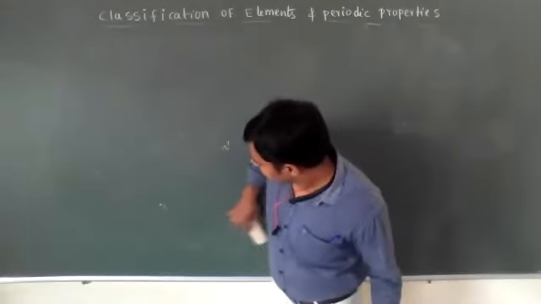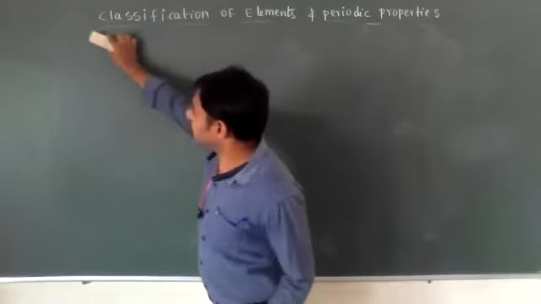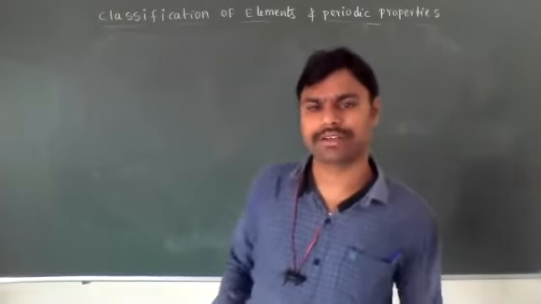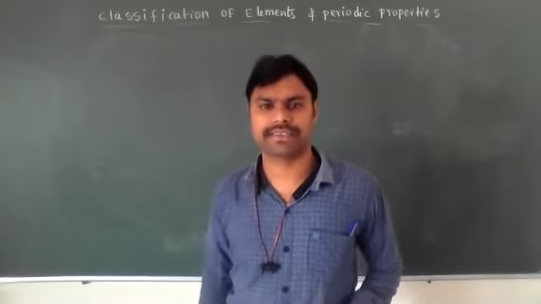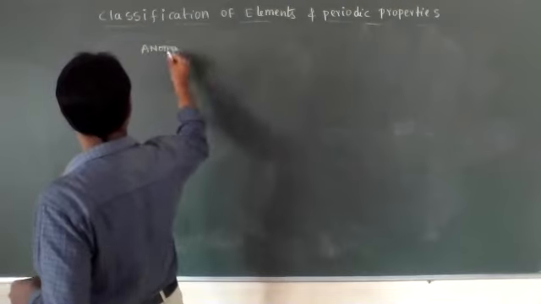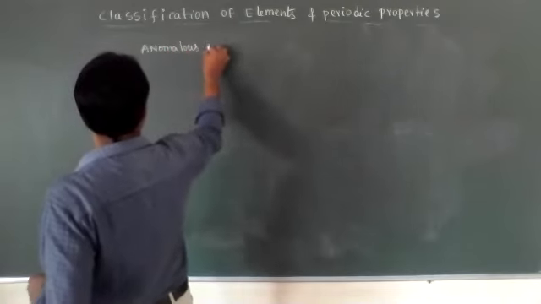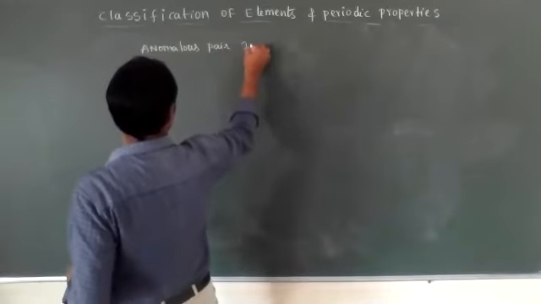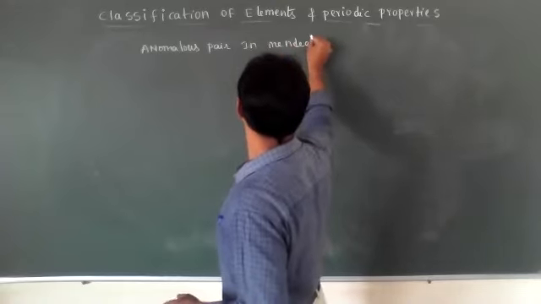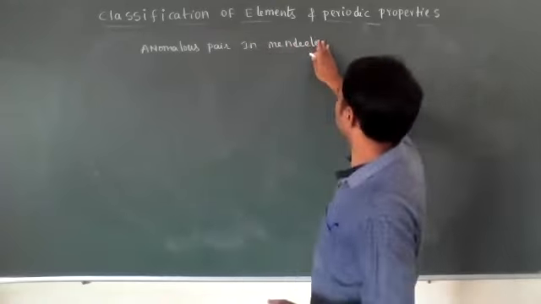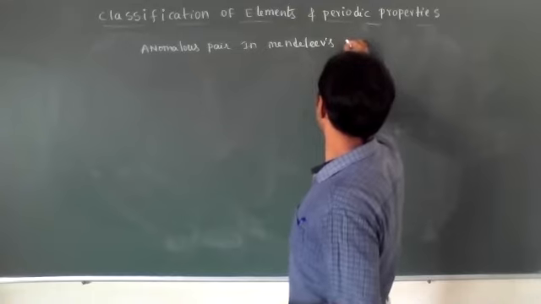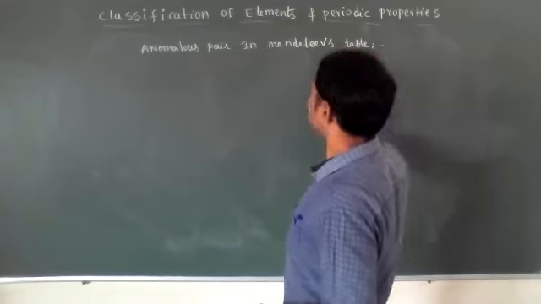This is about Mendeleev's periodic classification, or Mendeleev's periodic table. This Mendeleev periodic table is also known as the short form of the periodic table. And he observed some anomalous pairs in Mendeleev's periodic table.